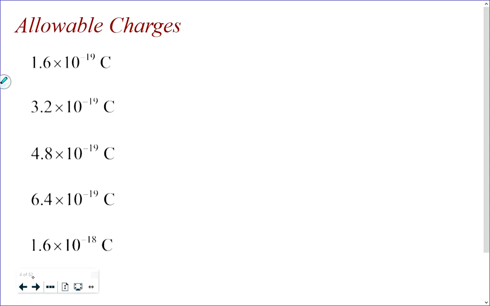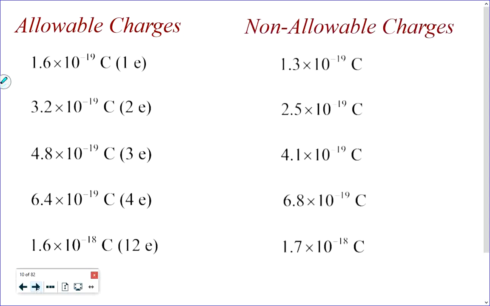But when you talk about charging pith balls or charging little droplets of oil, which is what he uses in his experiment, these charges are all allowable because they happen to be an exact multiple of the elementary charge. Whereas things like these charges are not allowable.